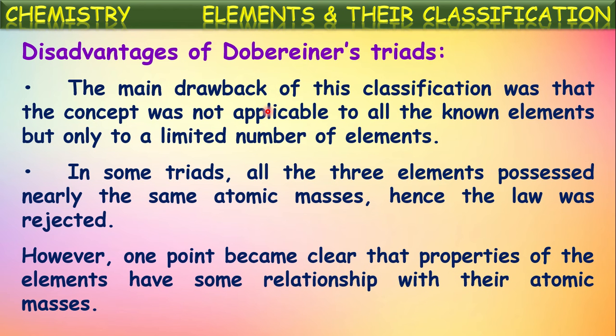However, one point became clear: the properties of the elements have some relationship with their atomic masses. Even though it failed, it gave one piece of information, that the properties of the elements have a certain relationship with their atomic masses. In that way, scientists started studying properties and characteristics by taking the atomic mass as a standard unit.